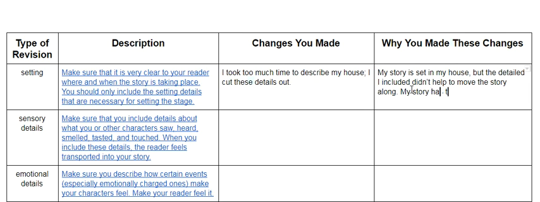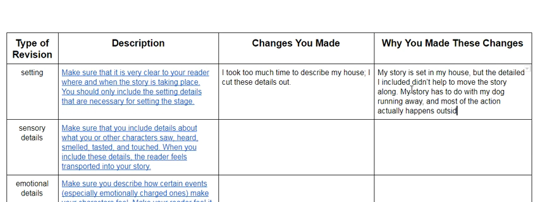My story has to do with my dog running away, and most of the action actually happens outside. So that's a justification for why I made this change to my setting. So that's kind of how this little chart works.